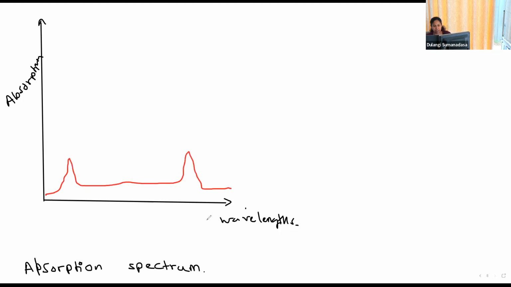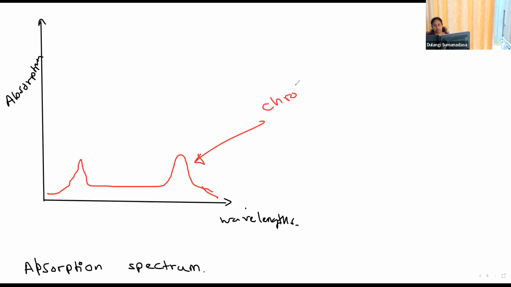Just draw it like something like this. Just go down. First one and then the second peak. Label the line as chlorophyll A. The red one represents the chlorophyll A, because it's going to absorb at two different wavelengths, 650 and 450.